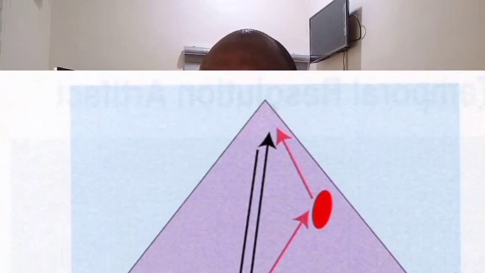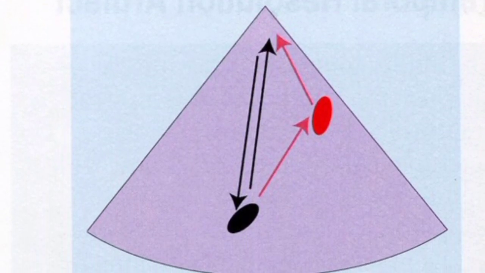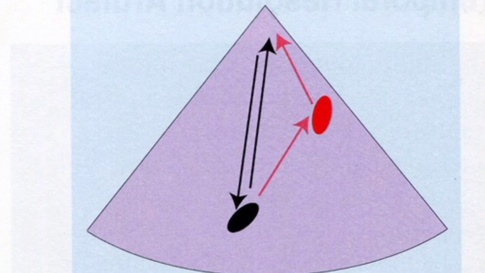Then multiple path artifacts. It describes a situation in which the path of the pulse and the path of the returning echo are different. It usually occurs where there are highly curved strong specular reflectors such as the diaphragm or urinary bladder that is full with urine.